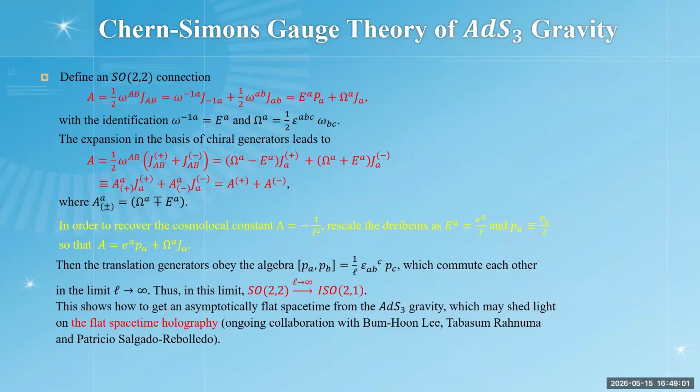Then we can explicitly recover this cosmological constant. Then this algebra with this new momentum generator becomes this one. And then if you take a large L limit, then P_A, P_B commute with each other. So we recover ISO(2,2) from this SO(2,2), if we take this large L limit.